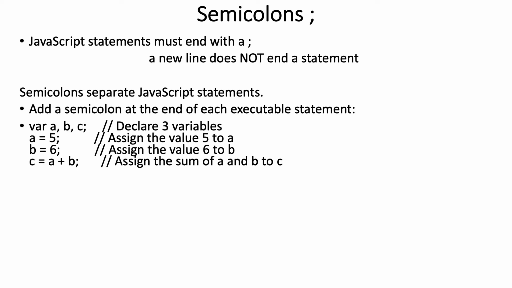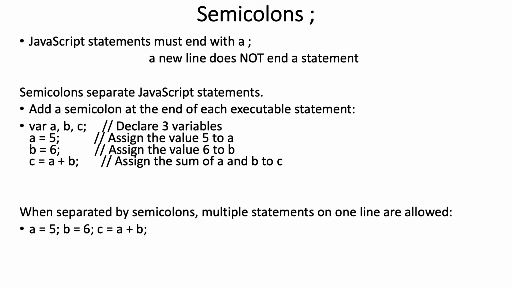So you can add a semicolon at the end of each executable statement. var a, b, c is going to create 3 variables. a equals 5 semicolon, b equals 6 semicolon, so that's 2 separate statements. The slashes are starting comments, but if we left off the semicolon, the browser would not be happy and you would not have a successful statement.